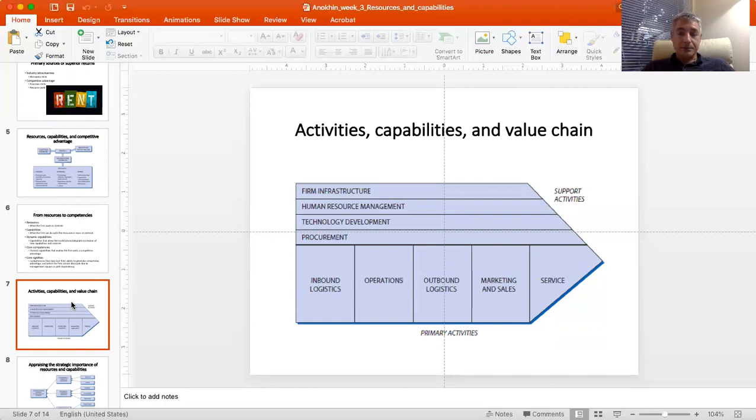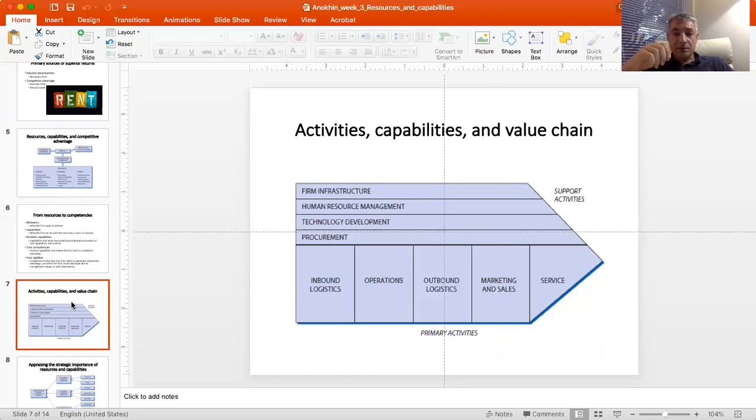And here you split the capabilities in two big groups, the so-called primary activities and support activities, right? So this is what the firm does. And primary activities are the ones that have to do with essentially transforming inputs into outputs and then serving your customers. So there would be things like inbound logistics, operations, outbound logistics, marketing and sales, service, things of that nature.